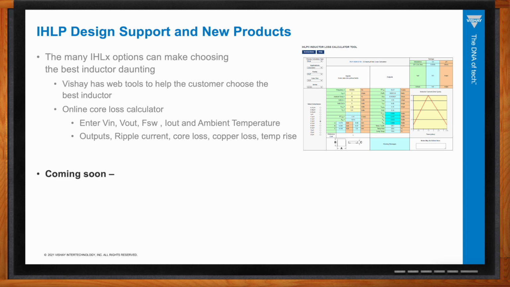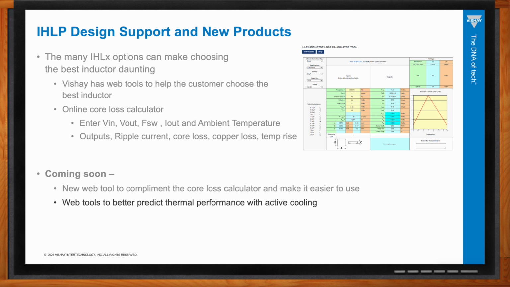As far as coming soon, we're having another tool on the market that takes this core loss calculator to the next step. Rather than have the engineer go through and try to pick the right inductor on his own, this tool will choose the best inductor from all of the thousands of parts that we have based on the same inputs that we put in above.